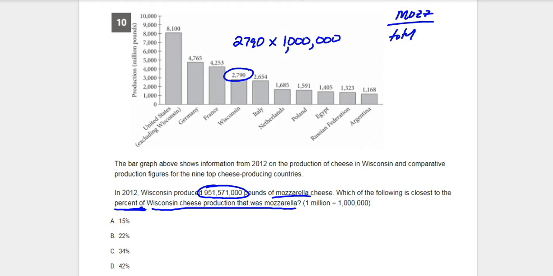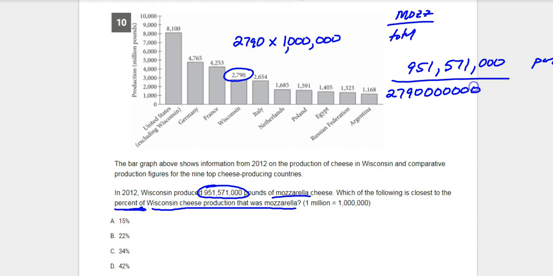So we've got mozzarella cheese, 951,571,000. That is our part we're looking for. So we're looking for the mozzarella part compared to the total cheese. This is a big number: 2790 with 6 zeros, because we're in millions. So that's a 2 billion number.